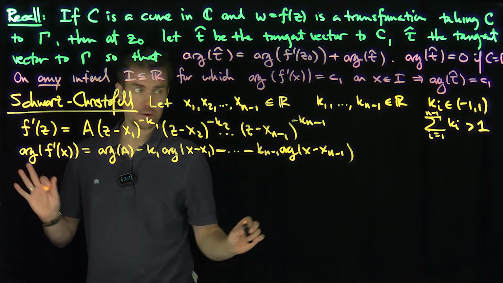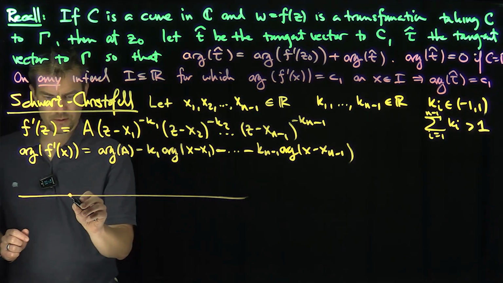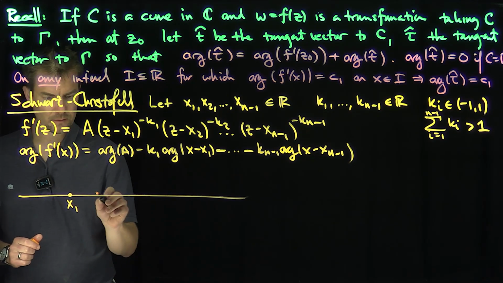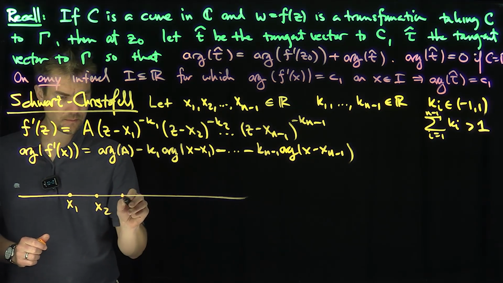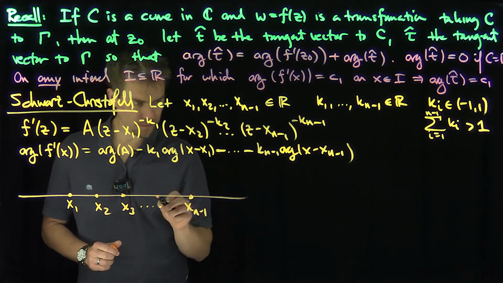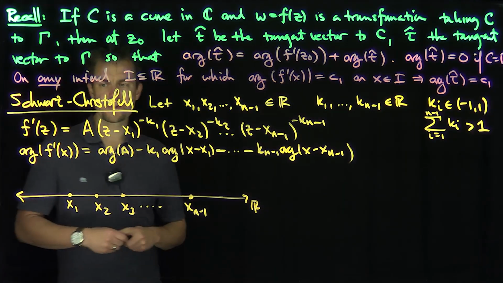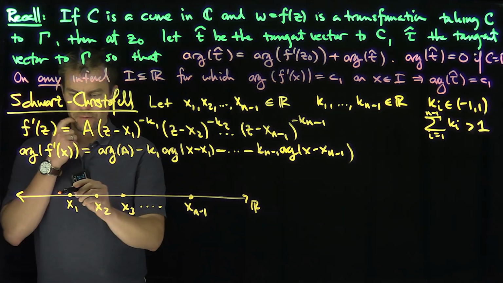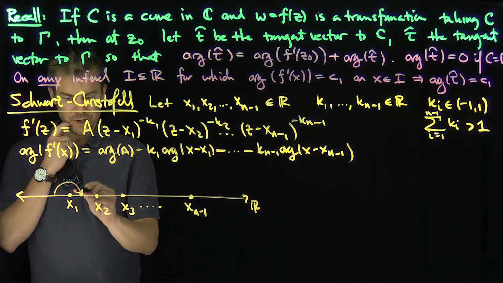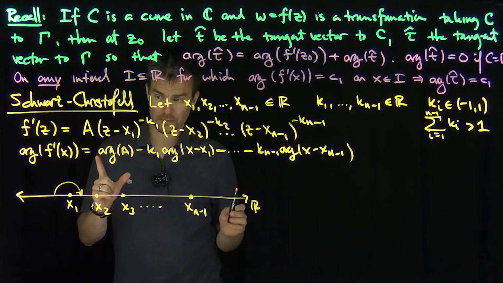Okay, I'm going to draw it out in an interval, and we're going to figure out what happens. Here's the points x1, x2, x3, x_{n-1}. Okay, there's the real line. What happens to the argument when you jump from these points over here to these points over here? When you hit x1 and go over x1, let's think about what happens.